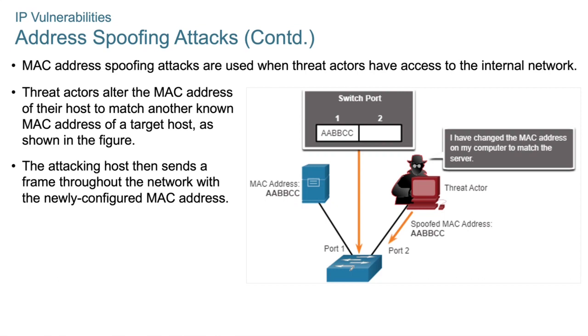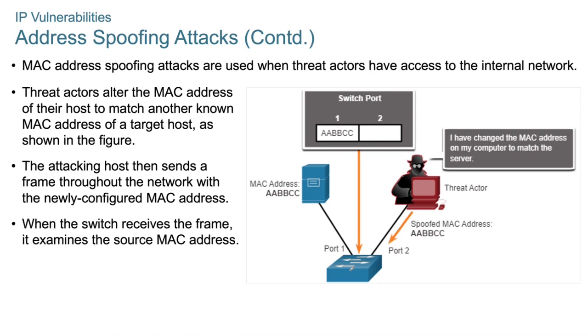After that, any traffic which goes to this MAC address, sent by any user in the network, instead of going to the legitimate user, goes to the threat actor. So this is the address spoofing part.